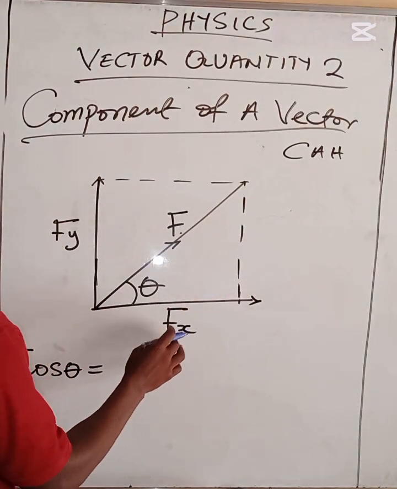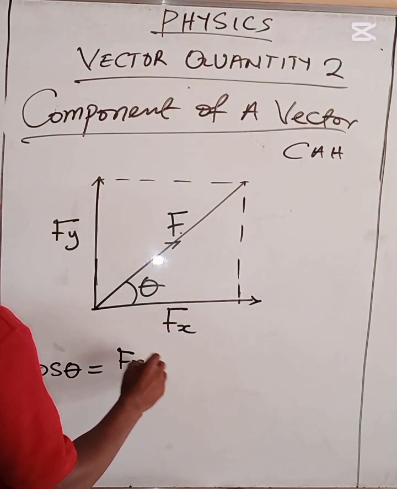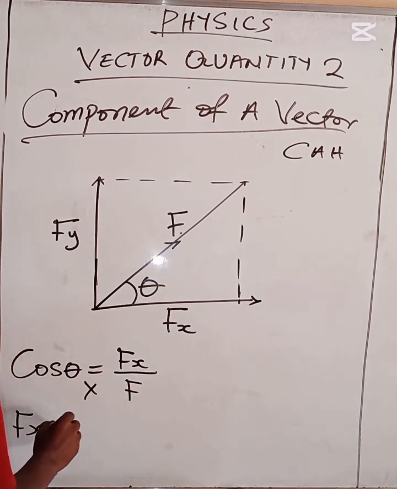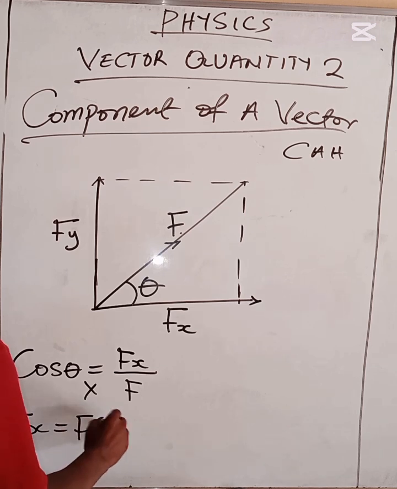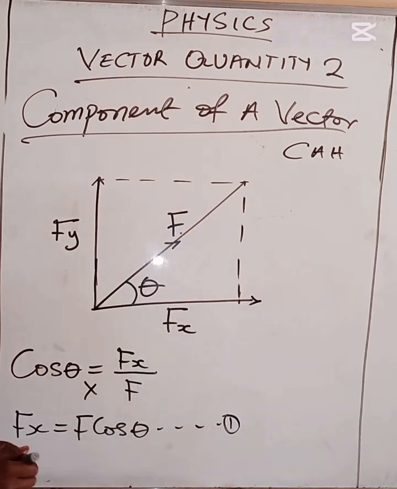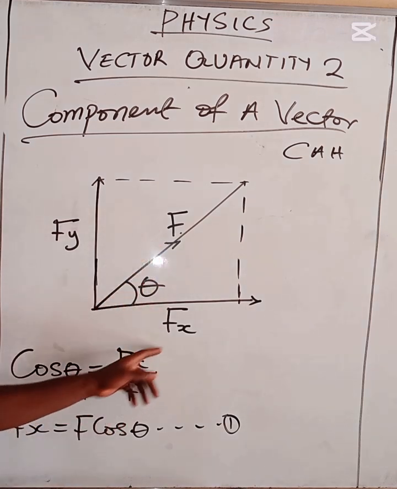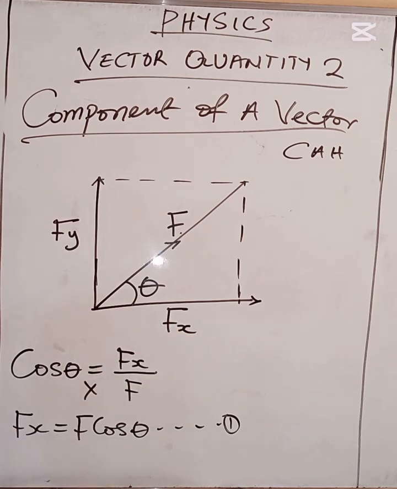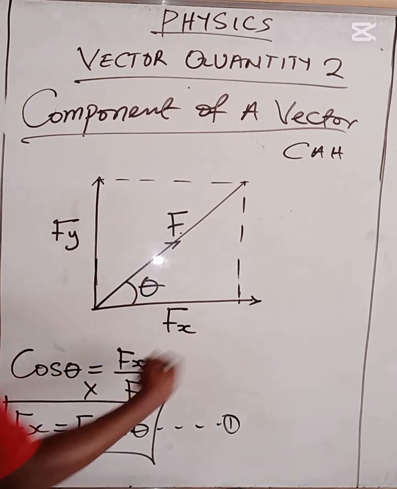Cos theta equals adjacent, which is Fx, over hypotenuse, which is F. If we cross multiply, we are going to have Fx equals F cos theta. You can call this equation 1. So this is the value of F in the Fx direction, in the horizontal direction, or in the easterly direction. Is that clear?